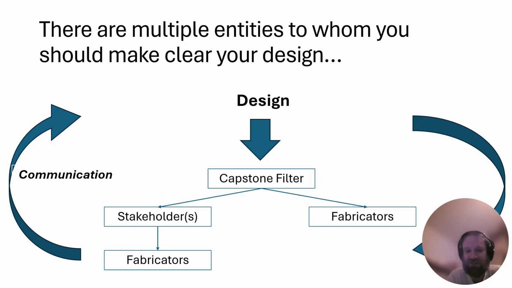And then also at the same time, this is a good opportunity to potentially discuss design for X, which are guidelines that one could use to optimize your product for certain parts of the life cycle.